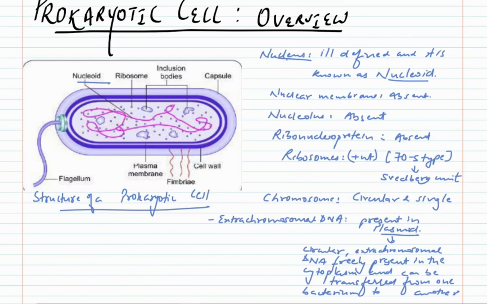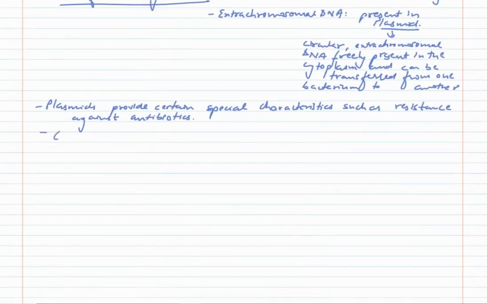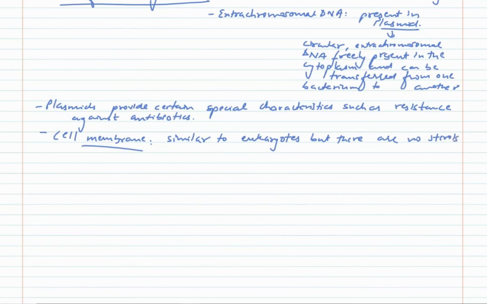Now after the presence of extrachromosomal DNA, we have the cell membrane. The cell membrane is more or less similar to eukaryotes, but there are no sterols, except in the case of mycoplasma.